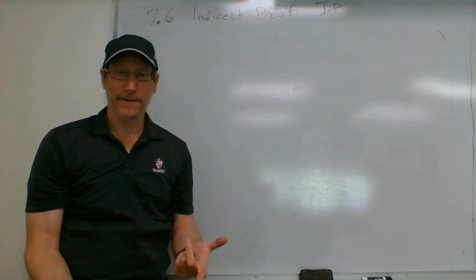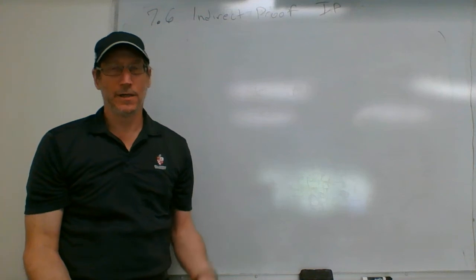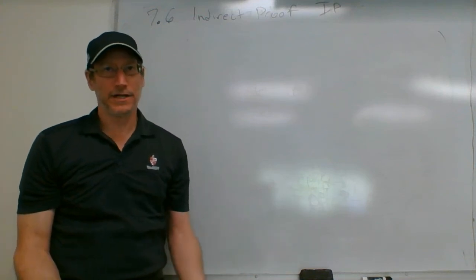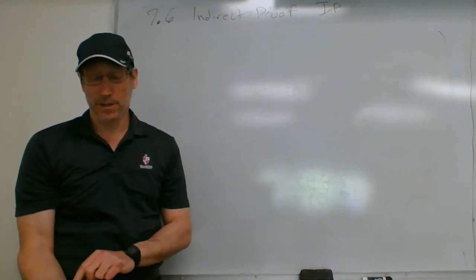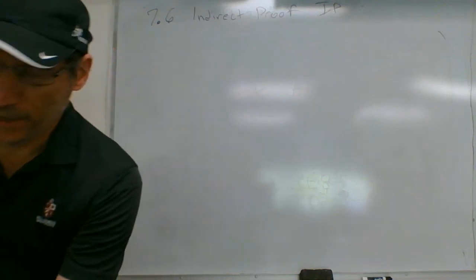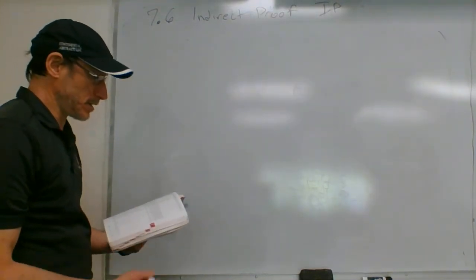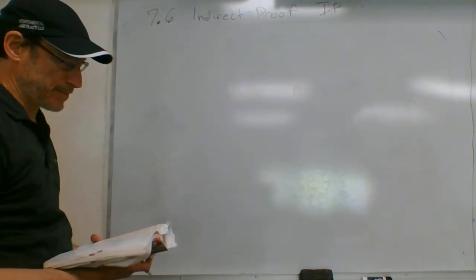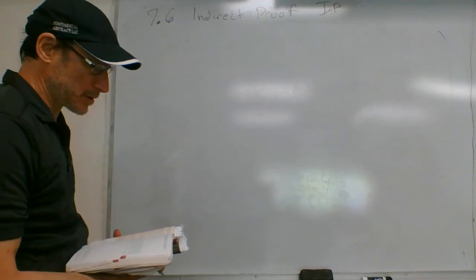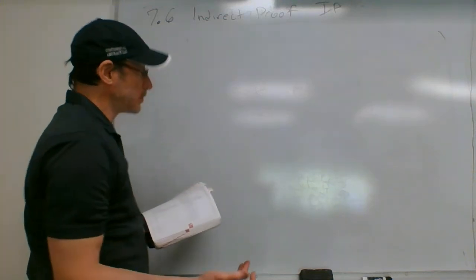Okay, so the homework is to try to do 7.5 Roman numeral 1, as many as you can do, and 7.6 Roman numeral 1, as many as you can do. Okay, so let's just try some of the examples that are in the book. I'll just illustrate how these work. Let's do the one that's in the book.